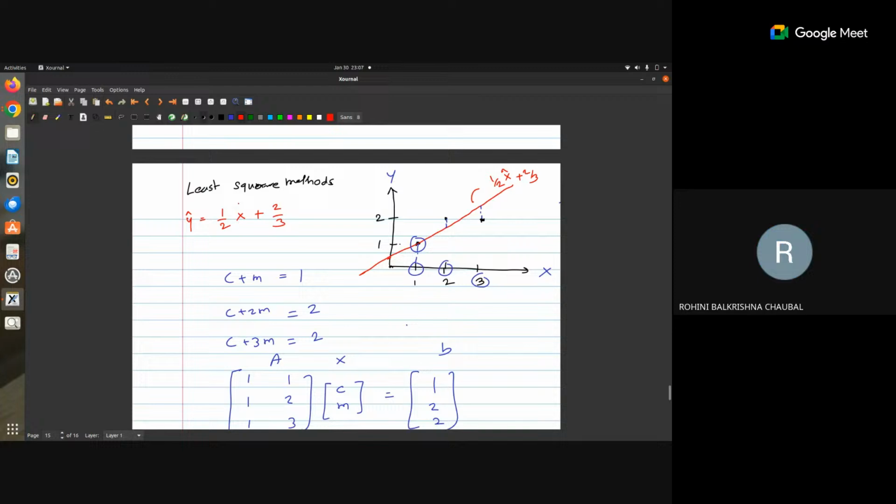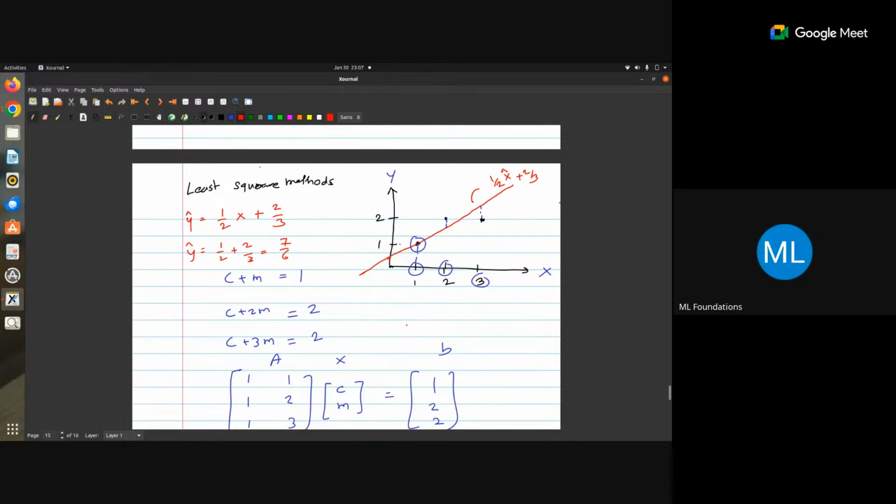Now, to find out the errors, you just plug in the values, like x equal to 1. What is the value of y hat? 1 by 2 plus 2 by 3. What is that? 3 plus 4, 7 by 6. 7 by 6, right?